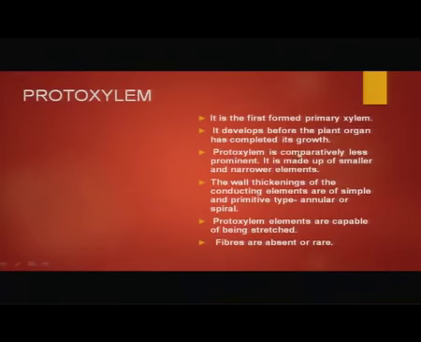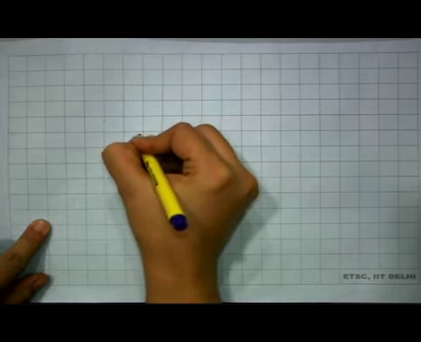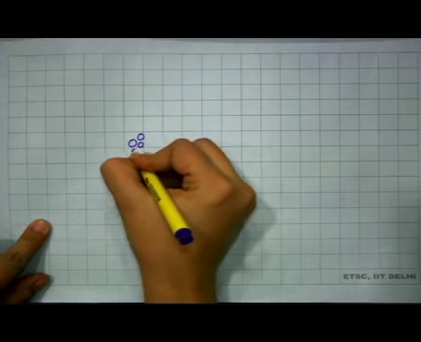So, the protoxylem is comparatively less prominent. It is made up of smaller and narrower elements. What does that mean? That when we see these protoxylem elements in a transverse section, we see that the cavities made by protoxylem elements are comparatively smaller.